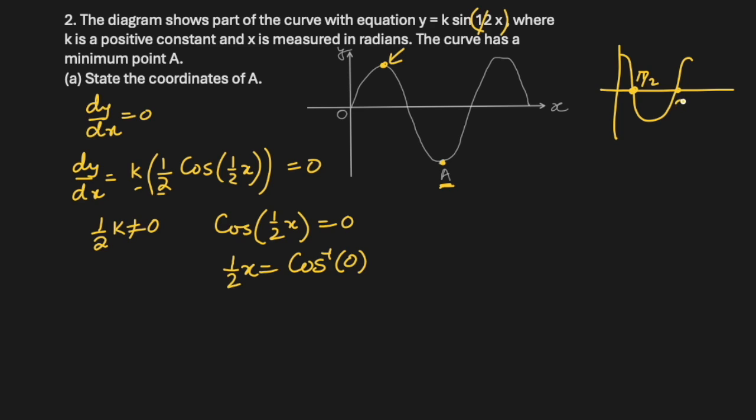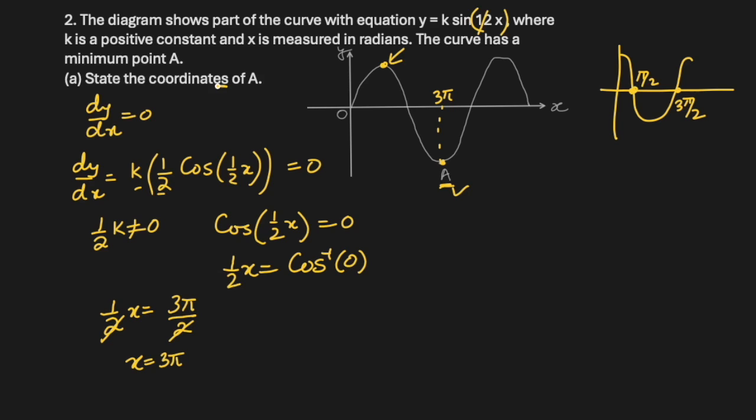Second point is 3 pi by 2, which will give this one, so we will write 3 pi by 2 only. So half x is equal to 3 pi by 2. Both sides we multiply by 2, cancelled. So x is equal to 3 pi. The x coordinate of this one is 3 pi.